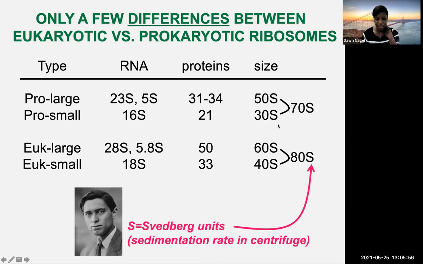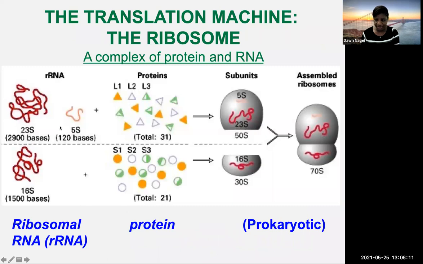Eukaryotes are very similar. You also have ribosomal RNAs that are specific to the large or small subunit, and different proteins that are involved in this process as well. Within those complexes, you have your ribosomal RNA, and these triangles, colors, and circles just mean different types of proteins for these subunits.